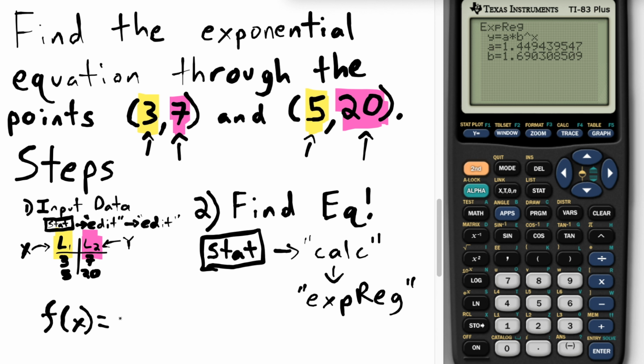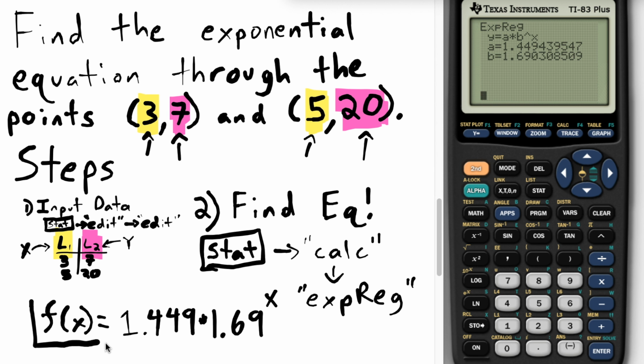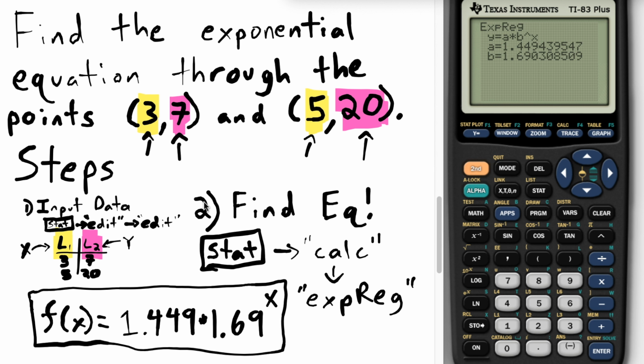So my function is a, which is 1.49, times b, which is 1.690, and then I still have my exponent here, to the x power, and I'm done. This is the equation of the exponential function that goes through these two points, with the a value here and the b value here. It's important to leave my exponent as the variable x.